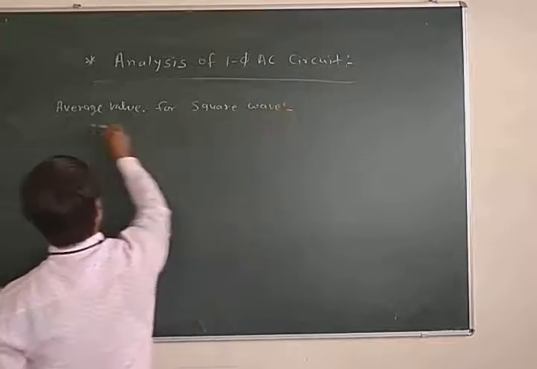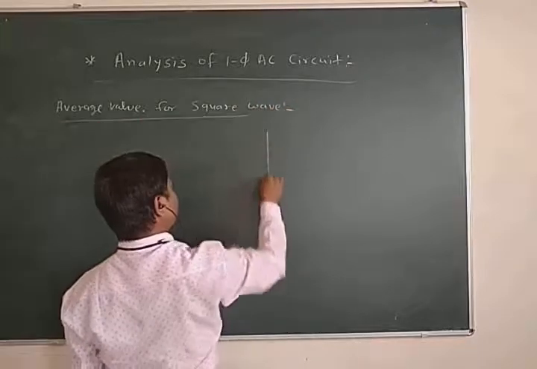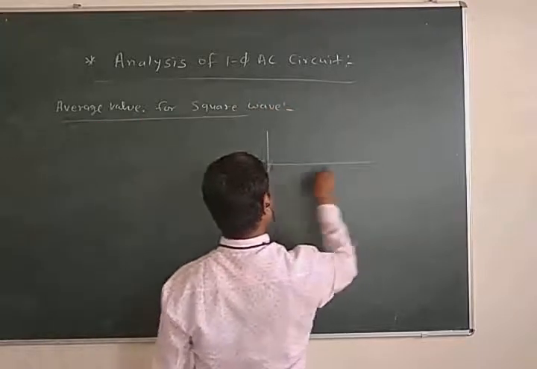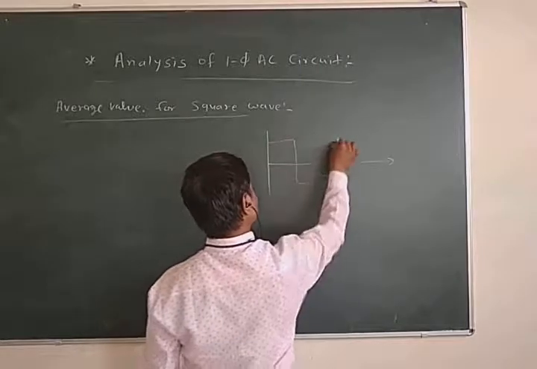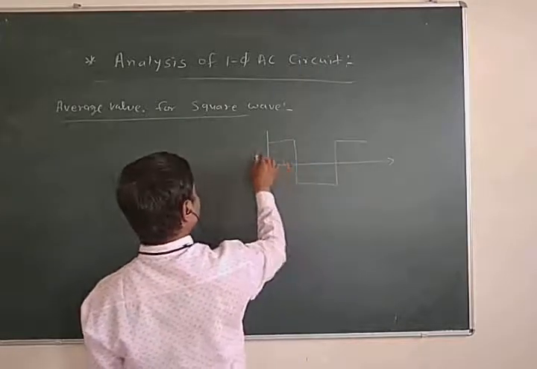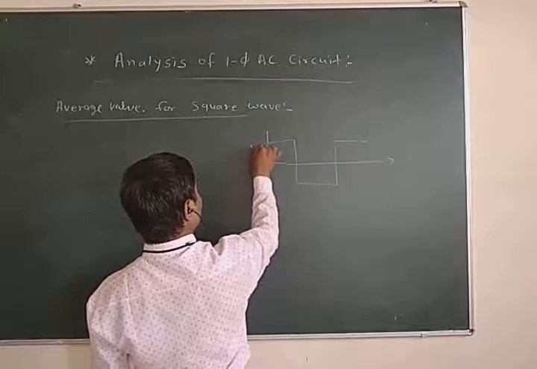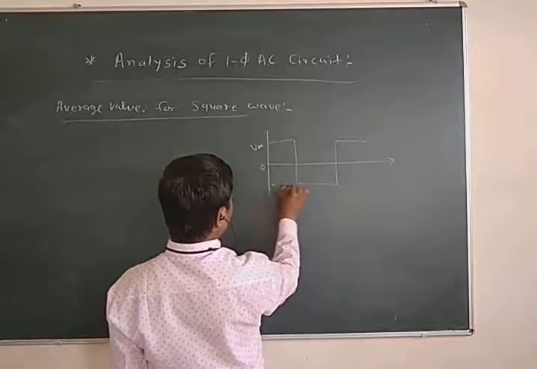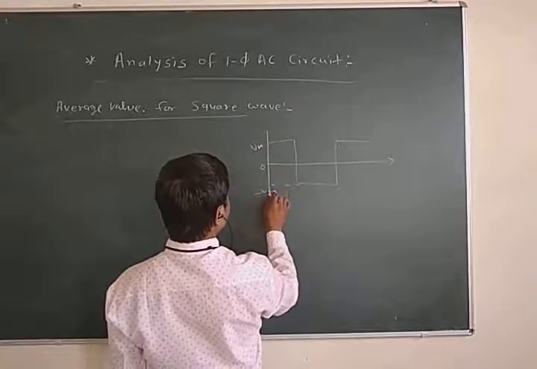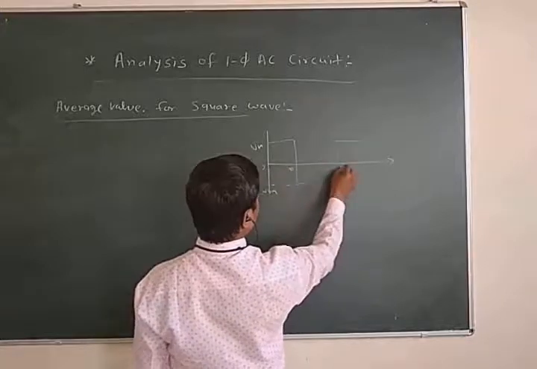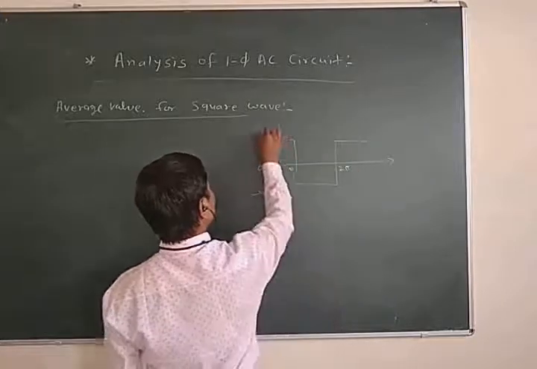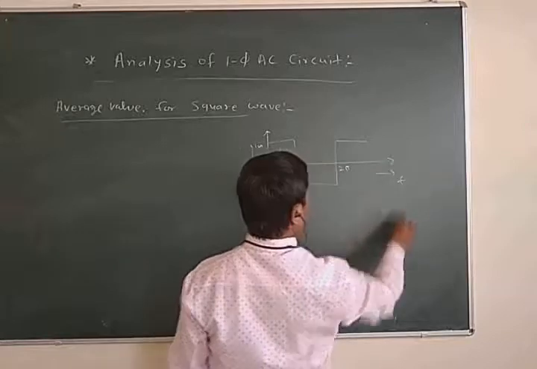For the square wave, the shape of the wave is this. This is Vm, minus Vm, pi, 2 pi, omega t.